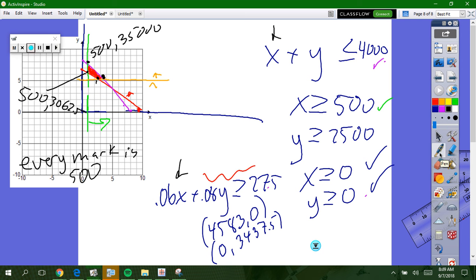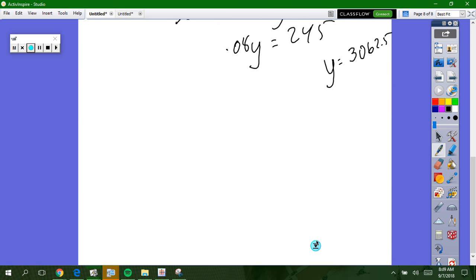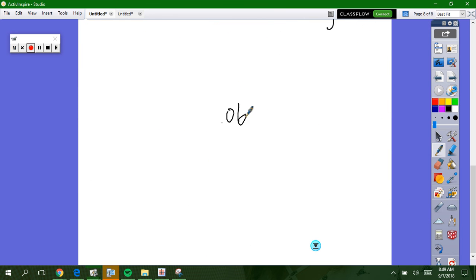Okay, and then this one, I'm going to use your machine again with me. Plugging in 2,500, I have 0.06x plus 0.08 times 2,500 equals 275. 0.08 times 2,500 is 200, straight up.